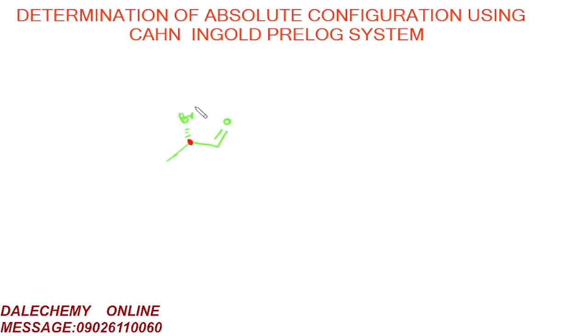Now, what's going to be our priority here? So this one will definitely have the highest priority. That will be 1. Now when you look at these 2 carbons, this one is bonded to 3 hydrogens. This one is bonded to just 1 hydrogen and doubly bonded to oxygen. So in this case, you are going to think of it as something like this. You think of bromine, and we have our hydrogen, don't forget, that will be on the wedge.